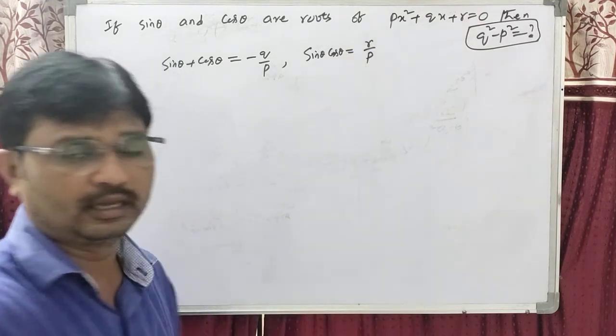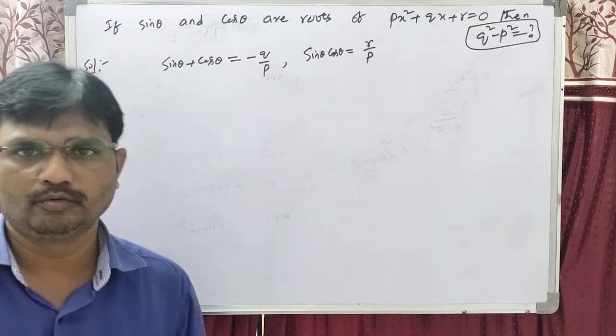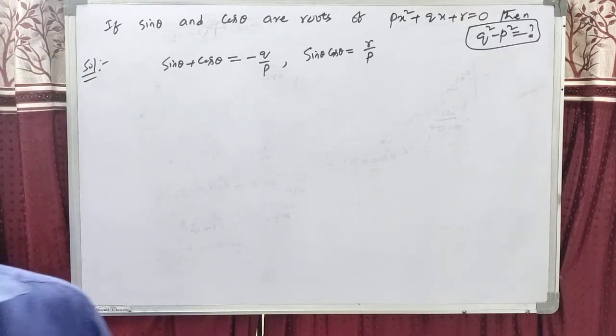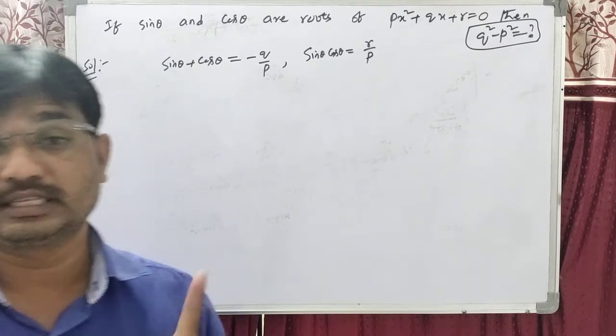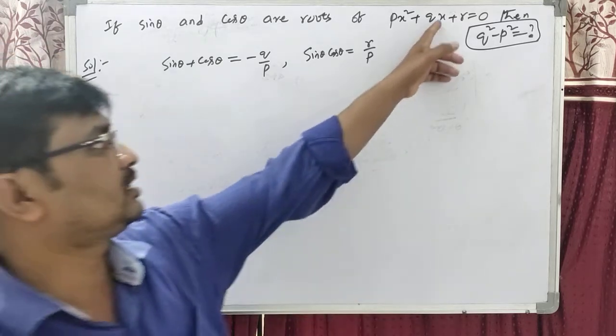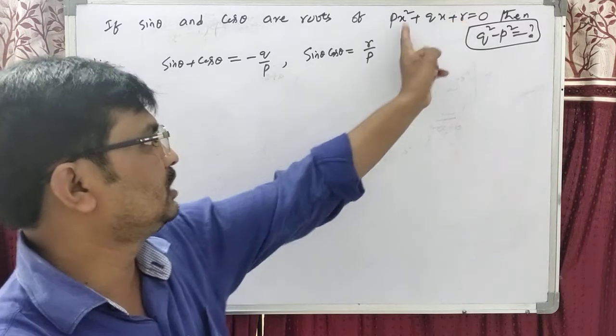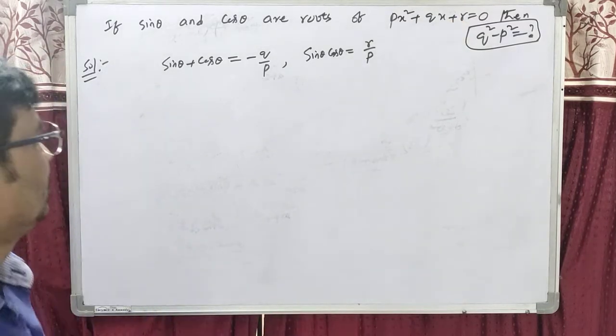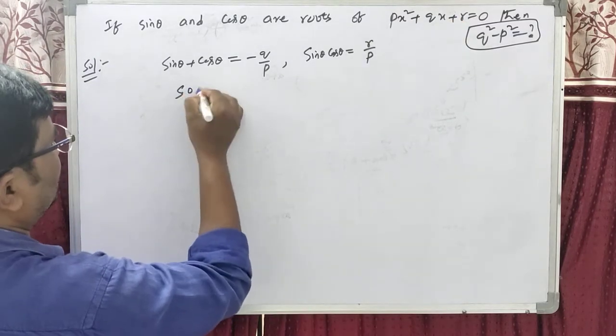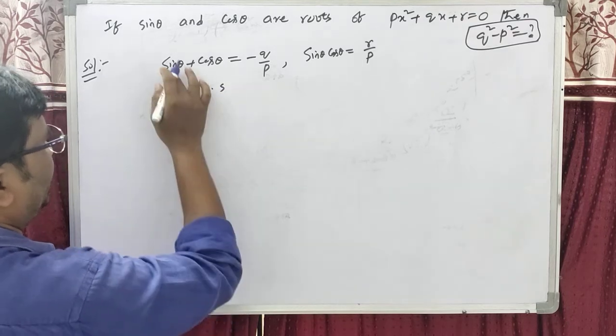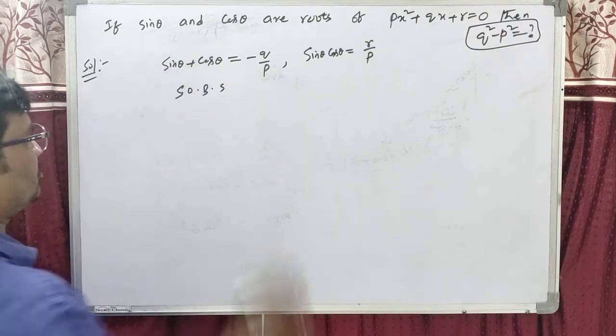Dear students, in the first step we took the sum of the roots and the product of the roots. The sum of the roots is minus b by a, that is minus q by p. Product of the roots is r by p. Okay students, now squaring on both sides: a square plus b square plus 2ab.